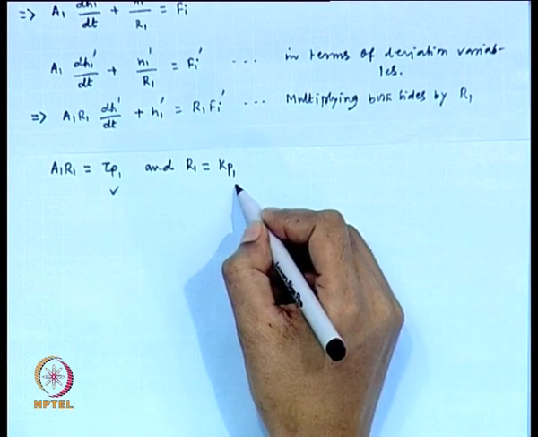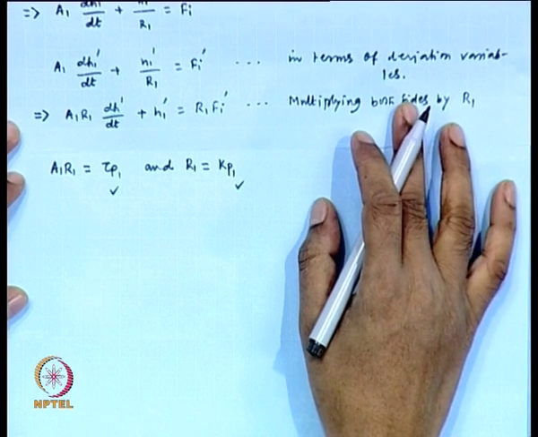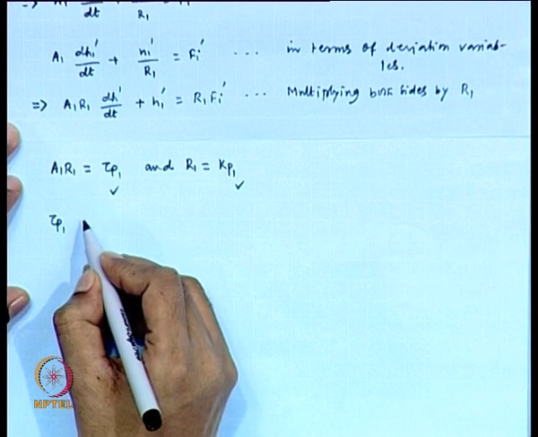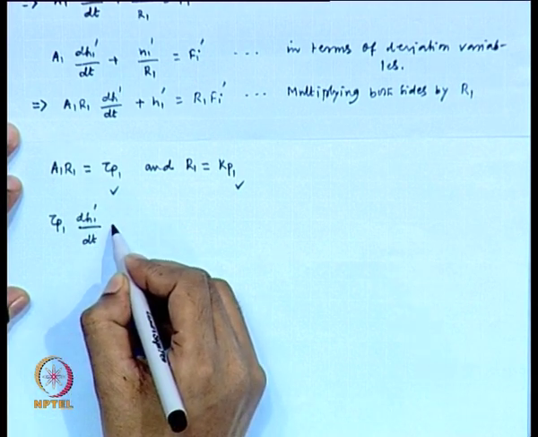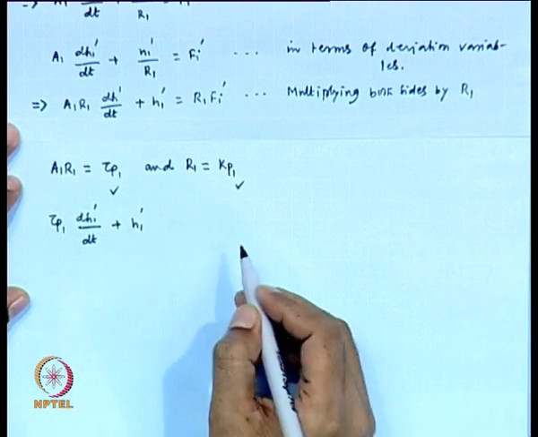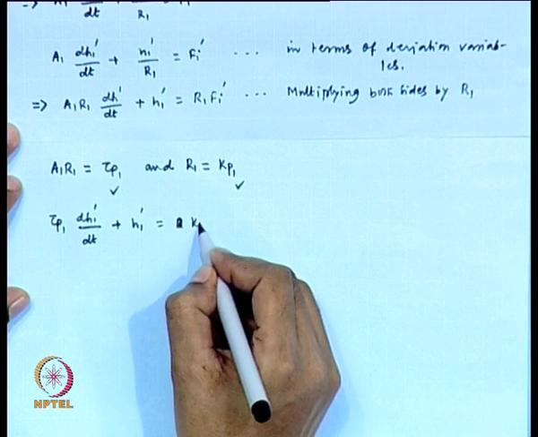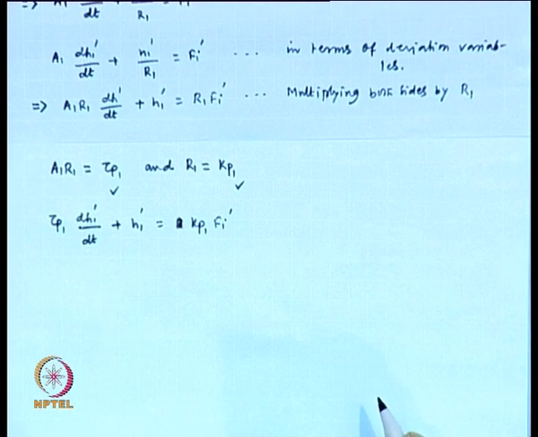This is the gain of the first tank. Then the modeling equation becomes tau p1 dh1 prime dt plus h1 prime equal to kp1 fi prime. This is the first order differential equation of the output h1.